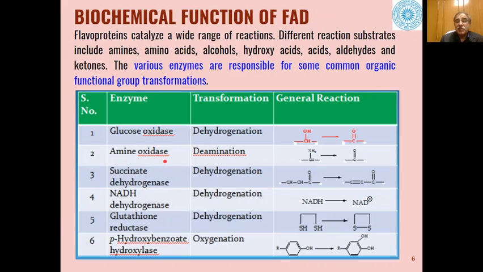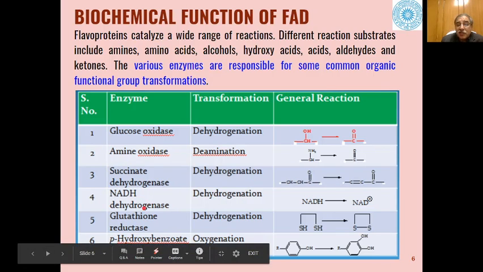Then amine oxidase enzyme will be responsible for deamination of various substrates using FAD or FMN as the coenzyme. So the amino group will be oxidized to a carbonyl group. Then succinate dehydrogenase, we have seen the example. The carbon-carbon single bond will be converted into a carbon-carbon double bond. So saturation will be converted into unsaturation. So dehydrogenation will take place.